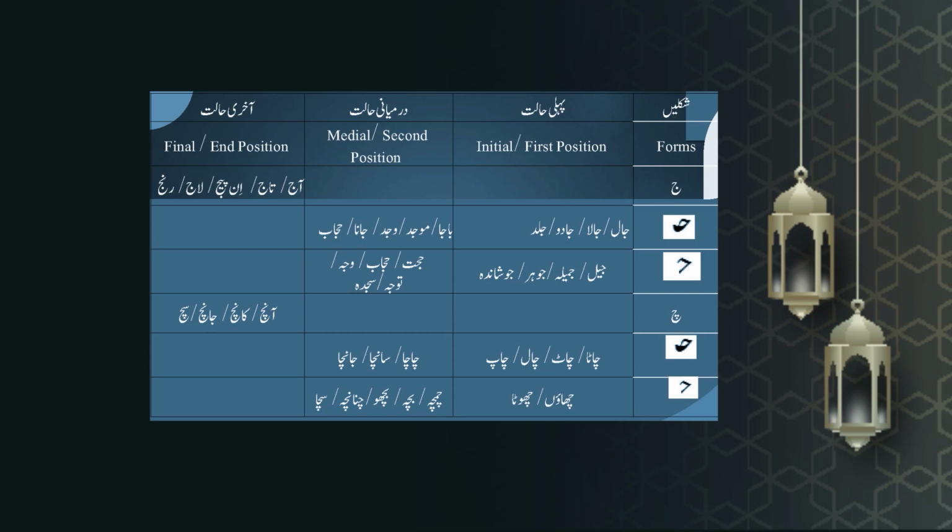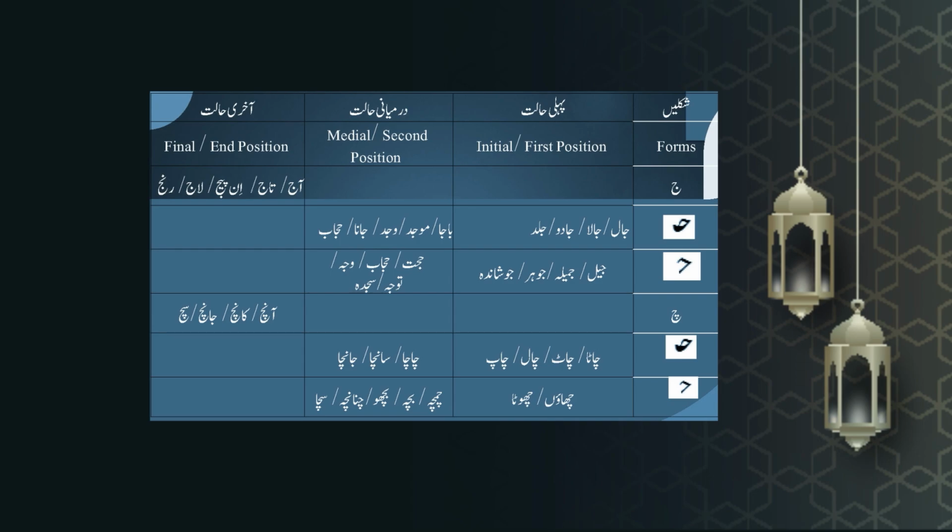Okay, you can see here we have 4 columns. In the first column we can see इनकी शक्लें and forms. In the second column पहली हालत, initial or first position of the word. In the third column दरमियानी हालत, medial or second position of the word.